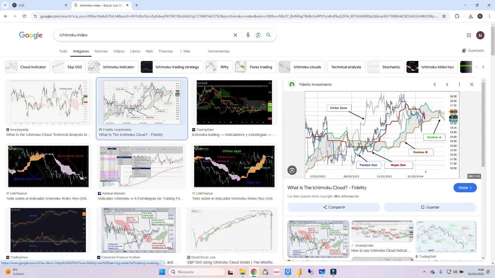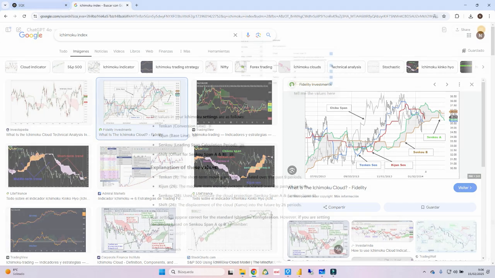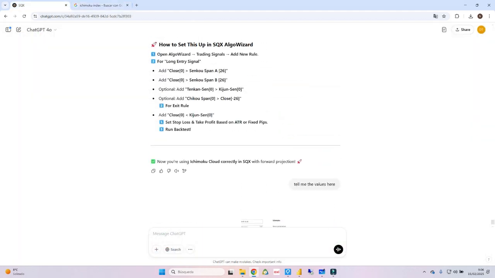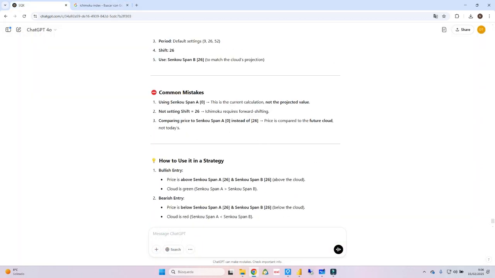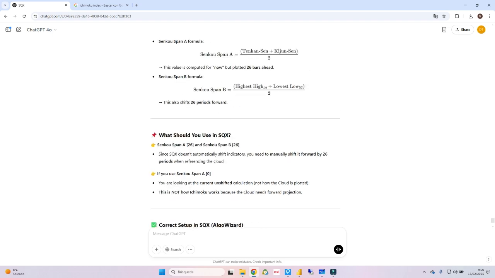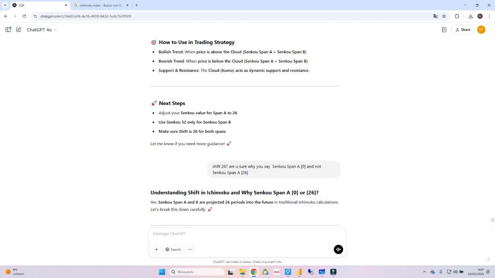For the ones who don't know, this is the Ichimoku indicator. It has many bands, and we can build strategies analyzing these bands, right? For that, I have used ChatGPT to ask how we can build an Ichimoku strategy.